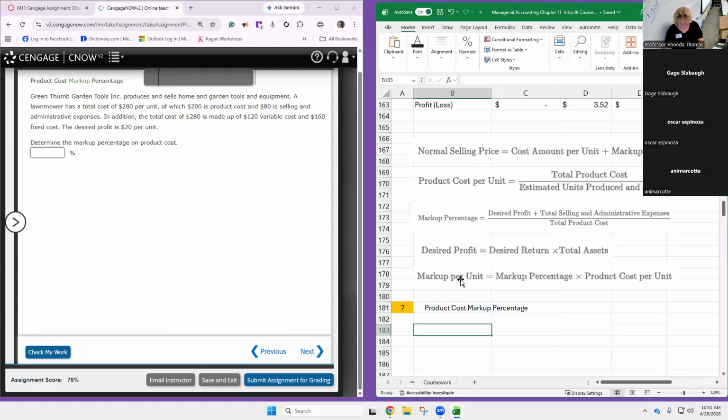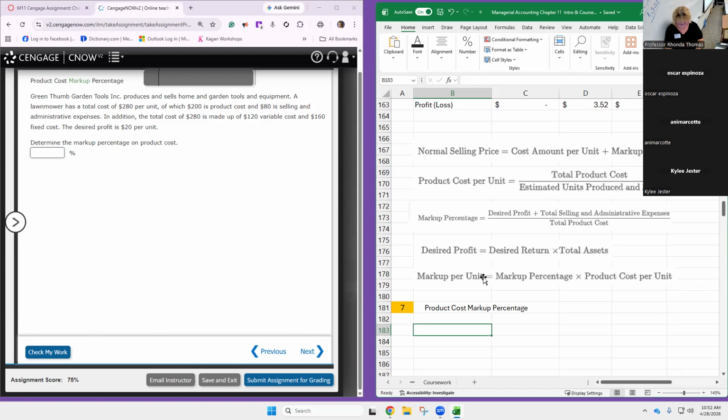We're going to divide the desired profit. So we want $20. Divide the desired profit, the profit's $20 plus the selling and admin expense, by the total product cost.